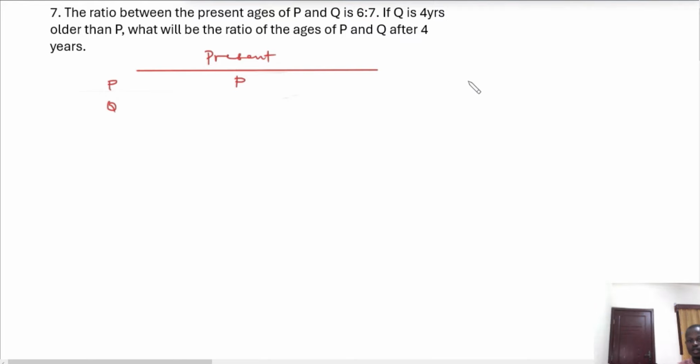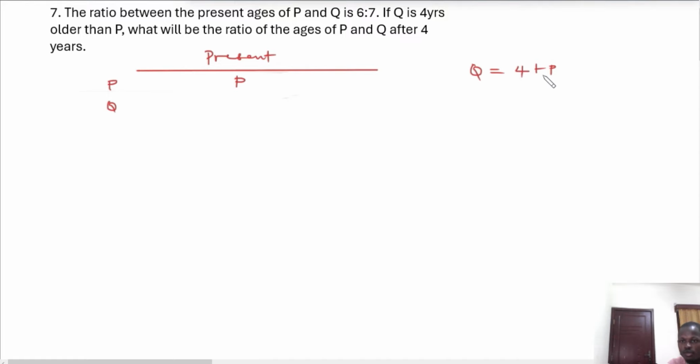Now we want to find the present age of Q from the question. If Q is 4 years older than P, then Q is 4 plus P. P's age, you add 4 in order to get Q's age.